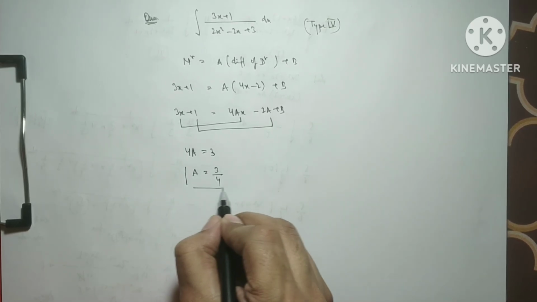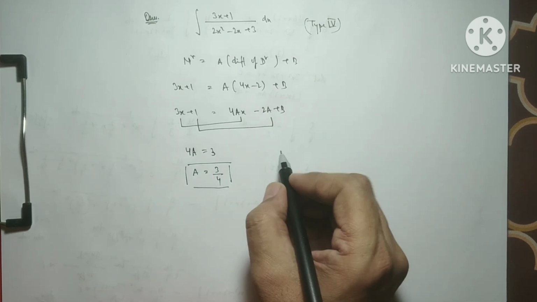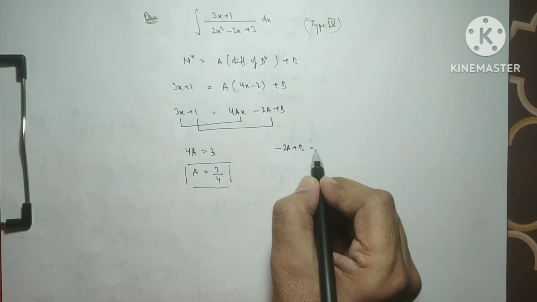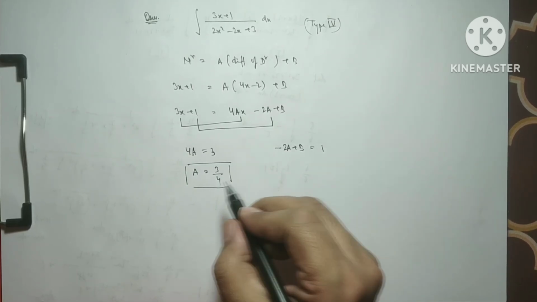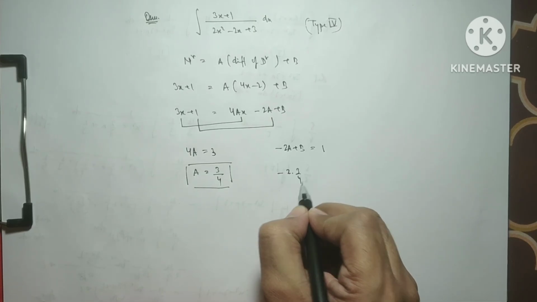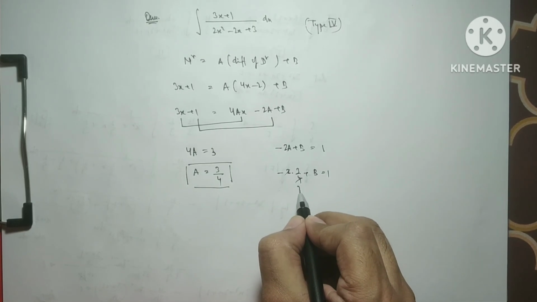This is the first part, and in case of the constant part we have minus 2a plus b, it is 1. So we put this value: minus 2 into 3 by 4 plus b equals 1. So cancel out this.